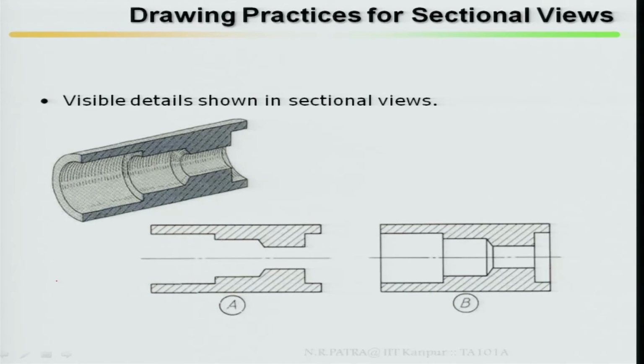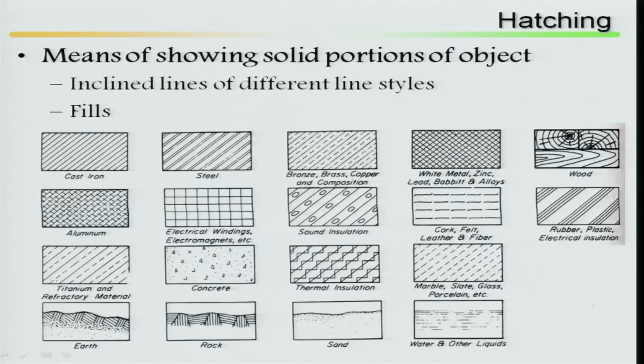Then visible details are shown in the sectional view. Once you take a section, inside the sectional view visible details are shown, example 1, A and B. Example A is incorrect, but the sectional view in B is correct.